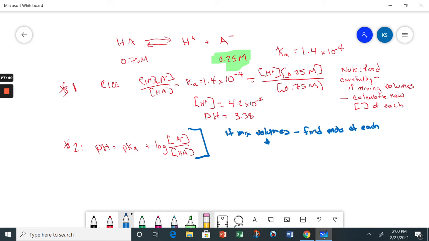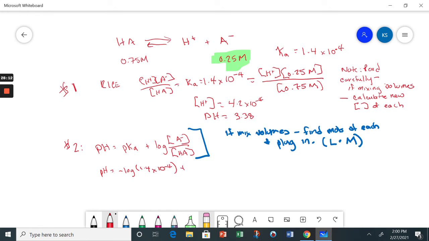You don't have to calculate the new concentrations, just the number of moles you took of each, right? And number of moles is going to be liters times molarity. Just keep that in mind. So my pH is going to be equal to negative the log of 1.4 times 10 to the minus fourth. And I apologize, I'm writing on an angle, guys, so my handwriting is not all that great.